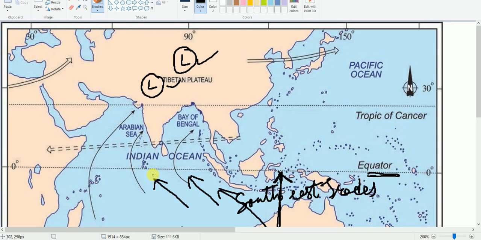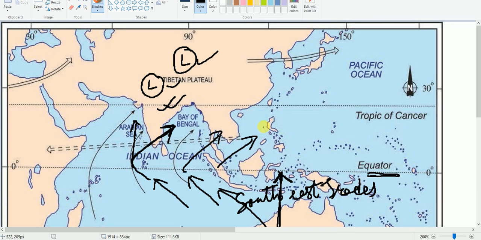When this wind crosses the equator, again it will be deflected to the right due to the Coriolis force. The wind is supposed to move due north, but it is turned to the right in this way, thus causing rainfall here in India.